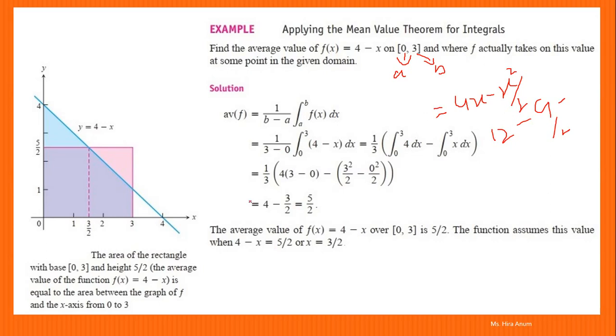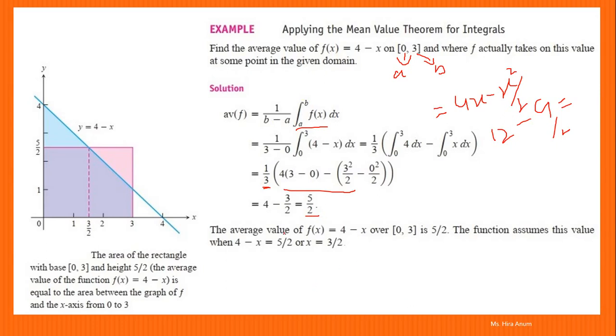Then multiply with 1 over 3, because 1 over b minus a is multiplying with the integration of the function. So our last value is 5 by 2.